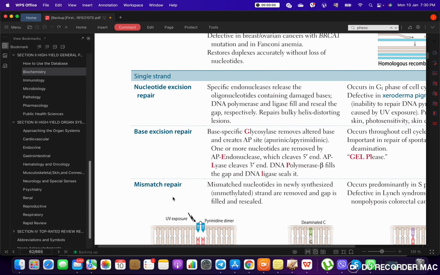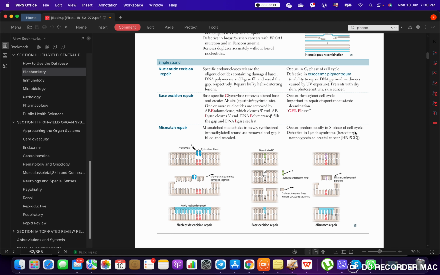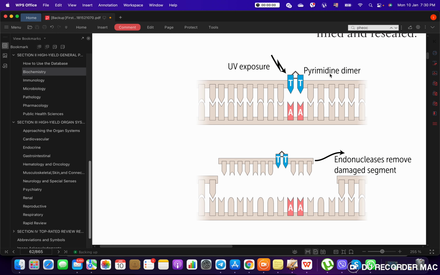So the first one is the nucleotide excision repair. They say specific endonucleases release an oligonucleotide. When I say oligo, it means a small number of nucleotides containing damaged bases. Let's say this is one strand, and this is the second strand.